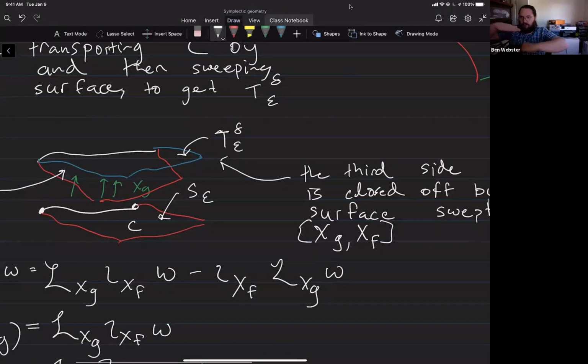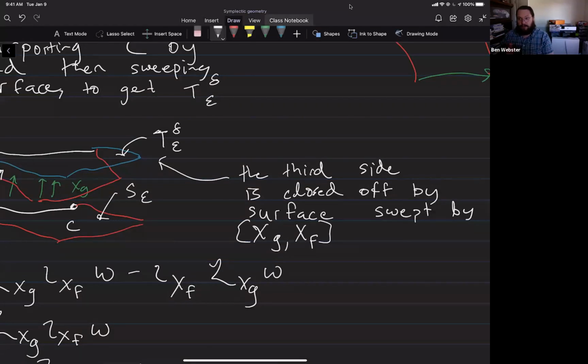So here I have these two surfaces coming off C. And of course, they're getting very, very small. Everything's happening very close to C here, but there's still some difference between them. Closing off the third side is done using the surface swept out by the Lie bracket of those two vector fields.